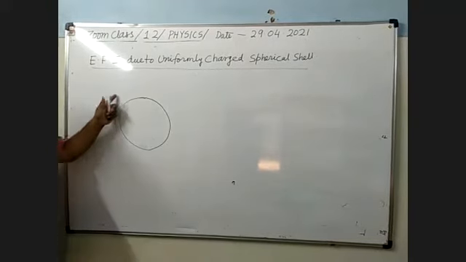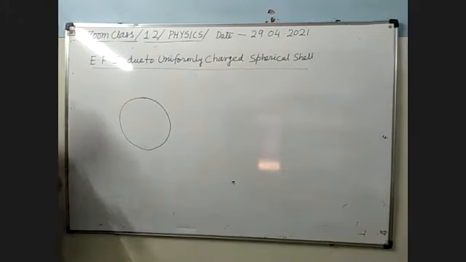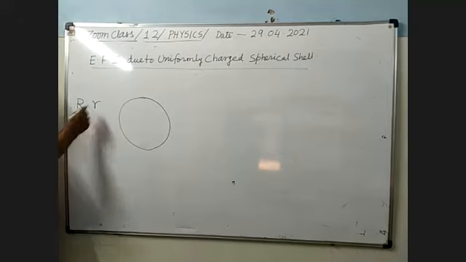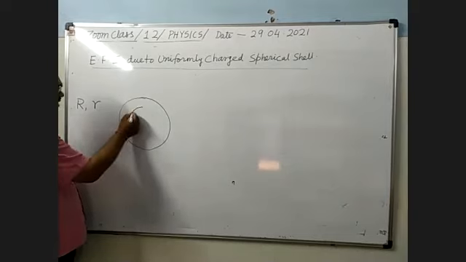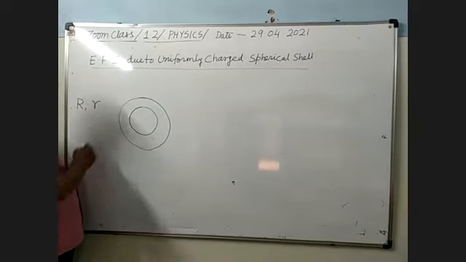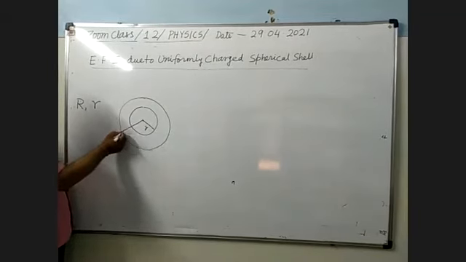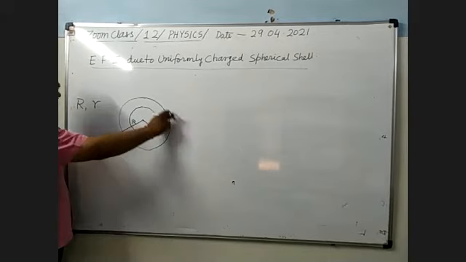It's clear? This is a thin spherical cell, means internal radius and external radius both are same. ये ऐसा नहीं है कि इंटरनल रेडियस इतना हो और एक्सटर्नल रेडियस इतना. It's clear? This material is very, very thin.